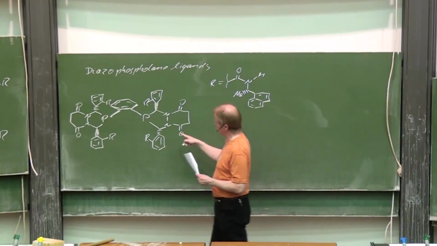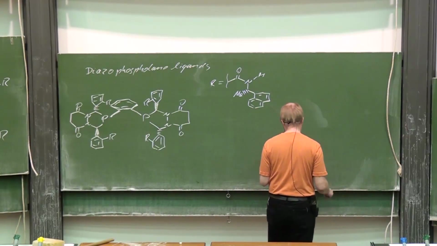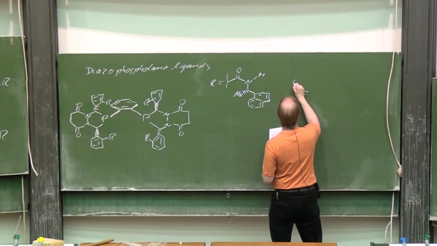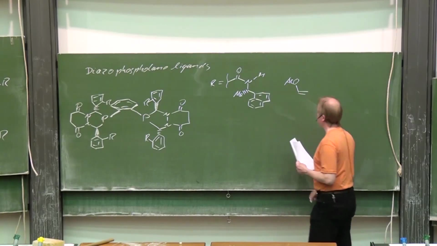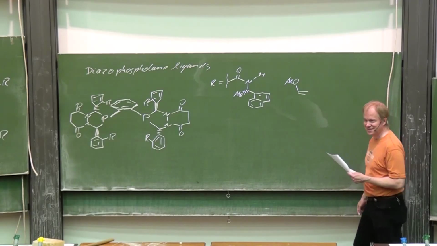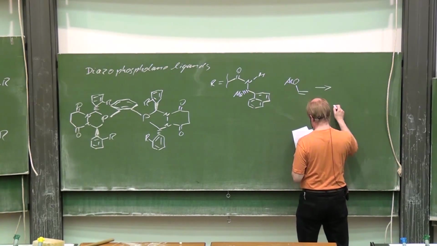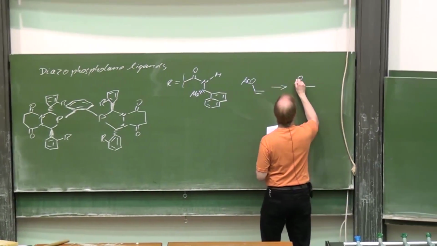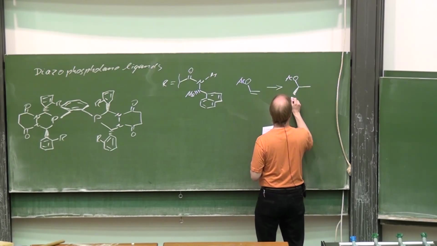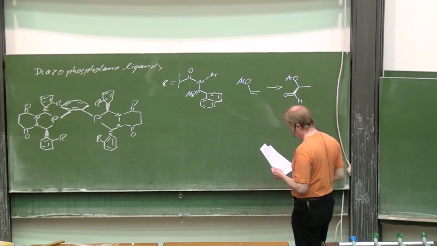With this R group 4 times involved in that ligand, a very small substrate, vinyl acetate, is hydroformylated enantioselectively.